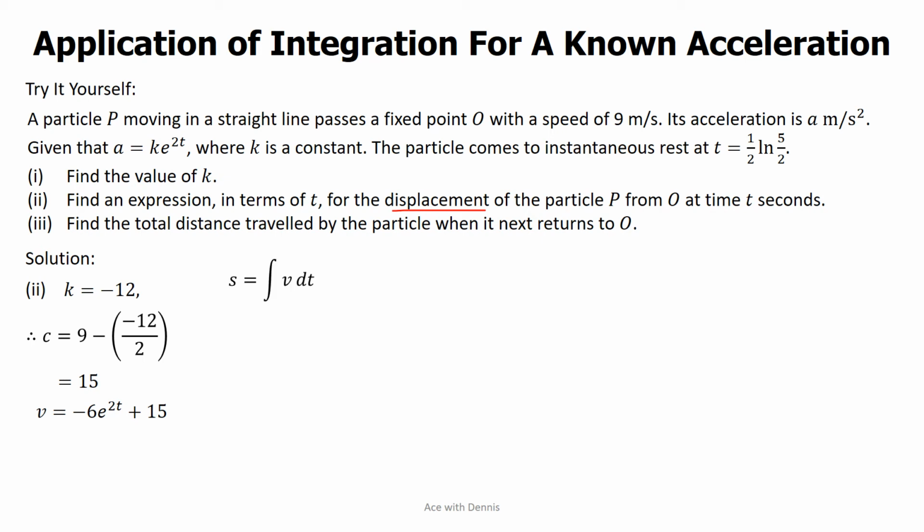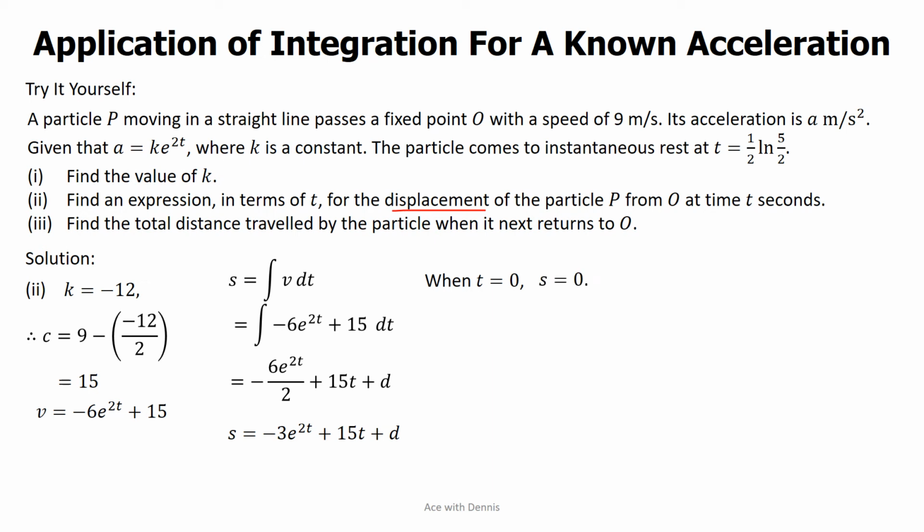And to get the equation of the displacement, it is the integration of v dt, which is the integration of negative 6 e to the power 2t plus 15 dt. And we get negative 6 e to the power 2t over 2 plus 15t plus d. Simplify, we get s equals negative 3 e to the power 2t plus 15t plus d.